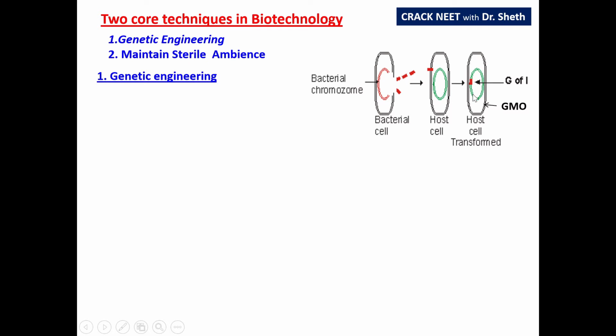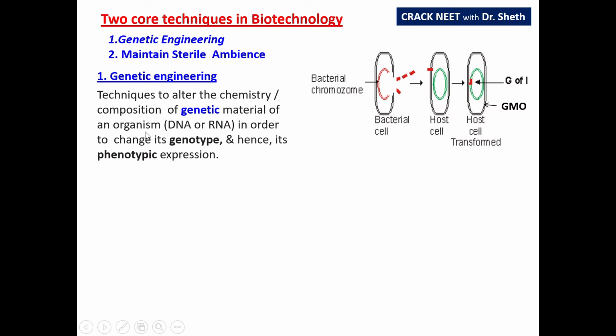So the genome or the DNA of the host organism has changed. It has got transformed. This is the basic principle of genetic engineering. Now, techniques to alter the chemistry or composition of the genetic material of an organism, that is its DNA or RNA, in order to change its genotype and hence its phenotypic expression. This is genetic engineering.